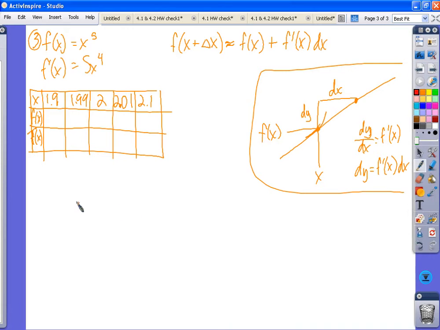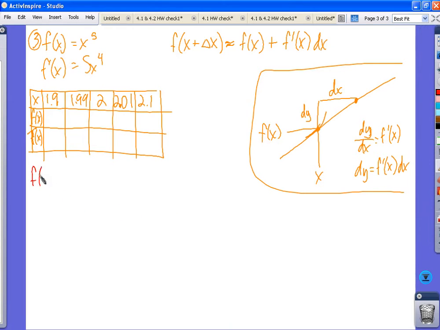First we're going to want to find f of 2 plus one of those delta x's, negative 0.1. That's that first one. So we'll just go from left to right. That's going to be approximately equal to f of x. So what's f of x?